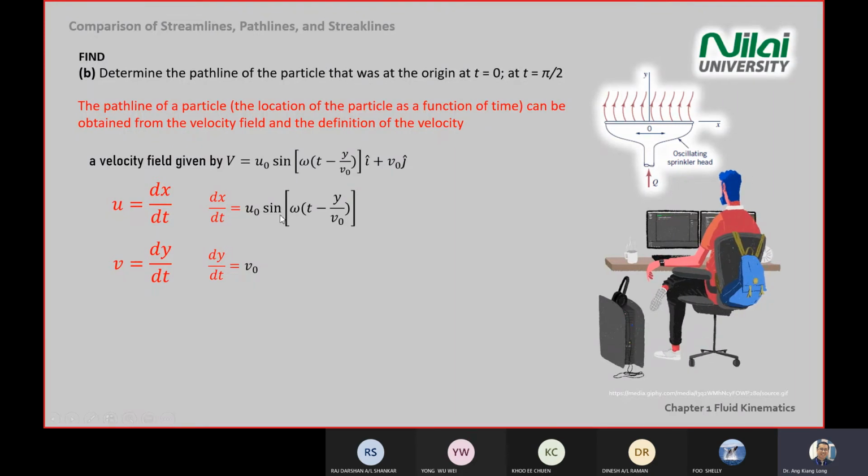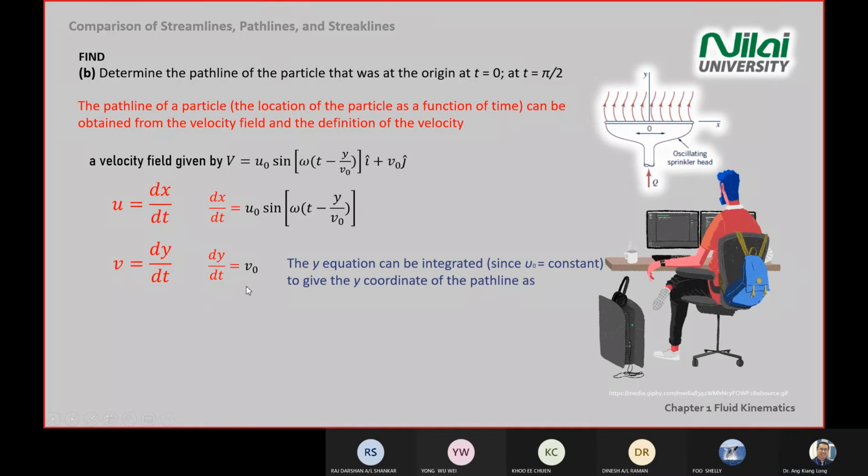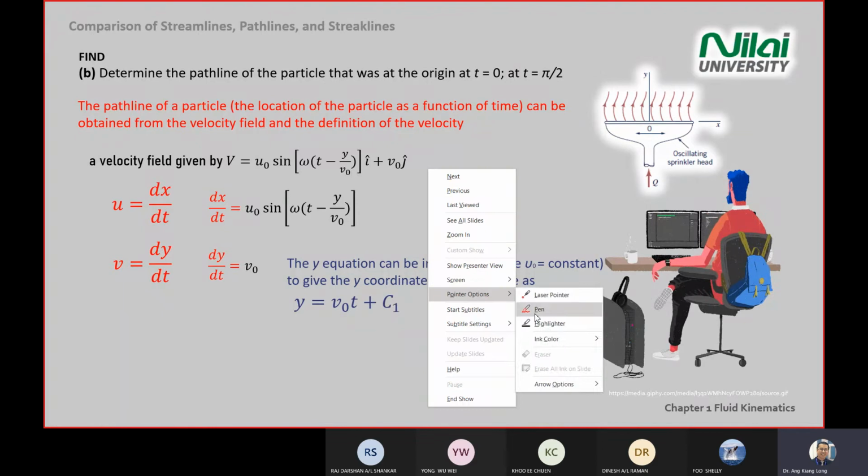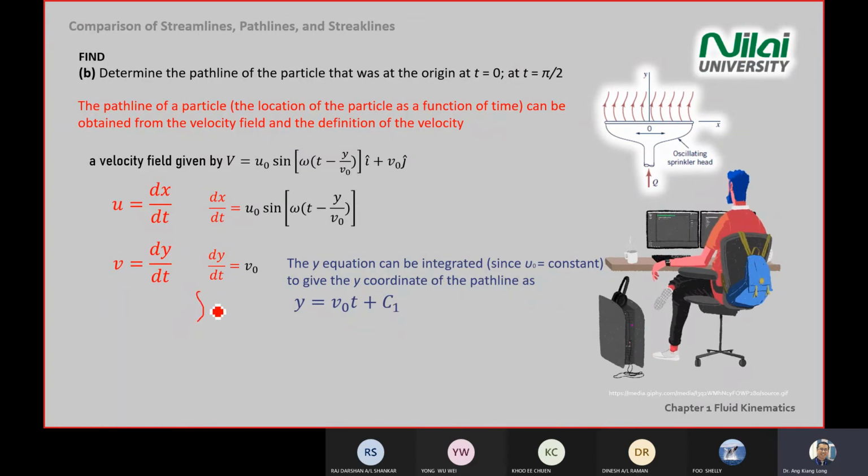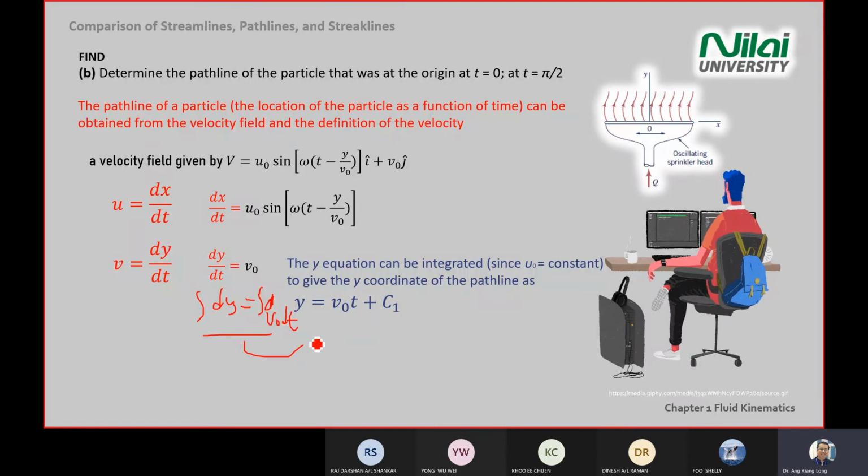In this case, I'll show you on the screen here. So if you integrate this one, for y, you will get this equation. Okay, maybe a bit too fast for you. I will integrate this one, dy equal integration of v naught dt. So this integration equation gives you this.